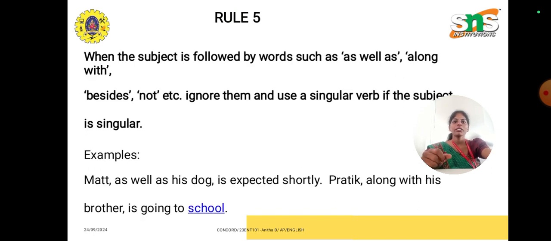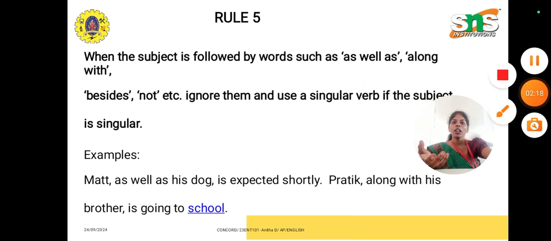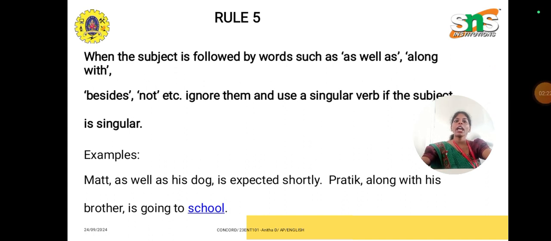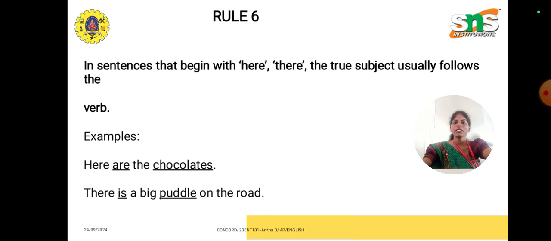Rule number five, when the subject is followed by words such as as well as, along with, besides, not, etc., ignore them and use a singular verb in the sentence. Rule six, in sentences that begin with here, there, the true subject usually follows the verb.